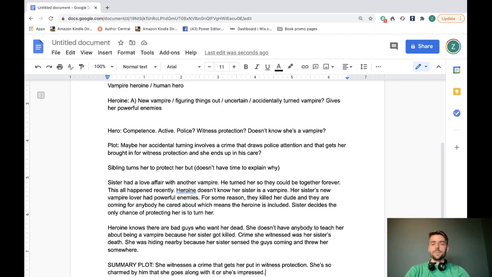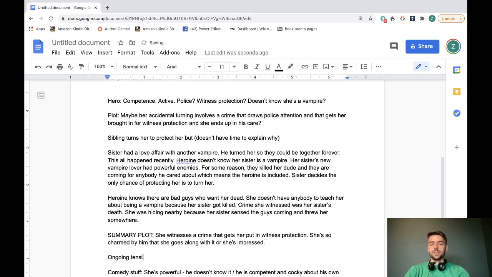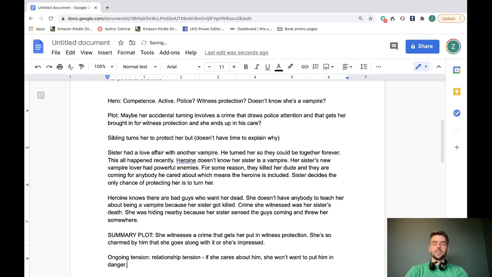And then the ongoing tension. For the relationship tension, I've got some pretty generalized options, because one is that if she cares about him, she won't want to put him in danger.